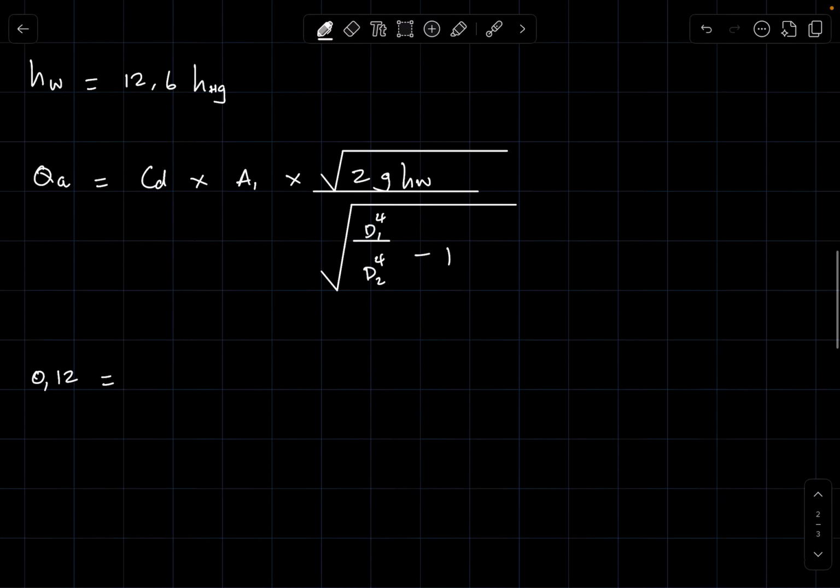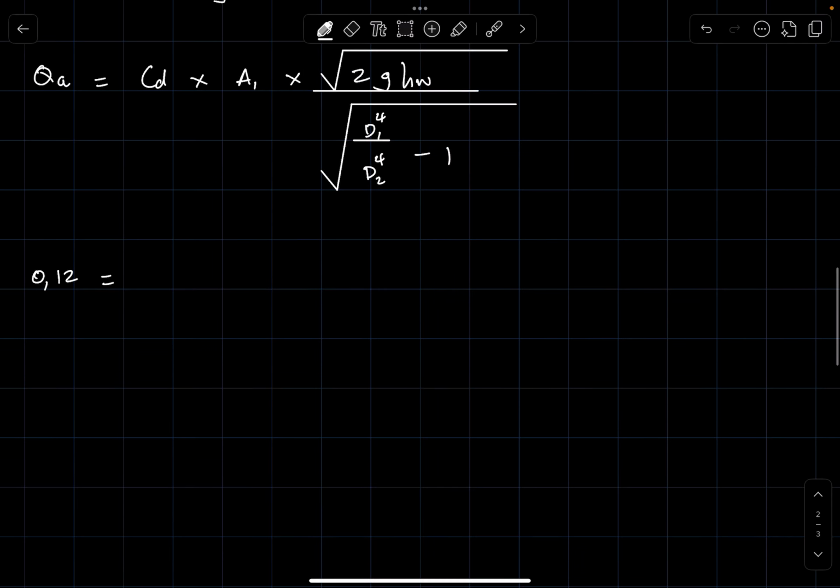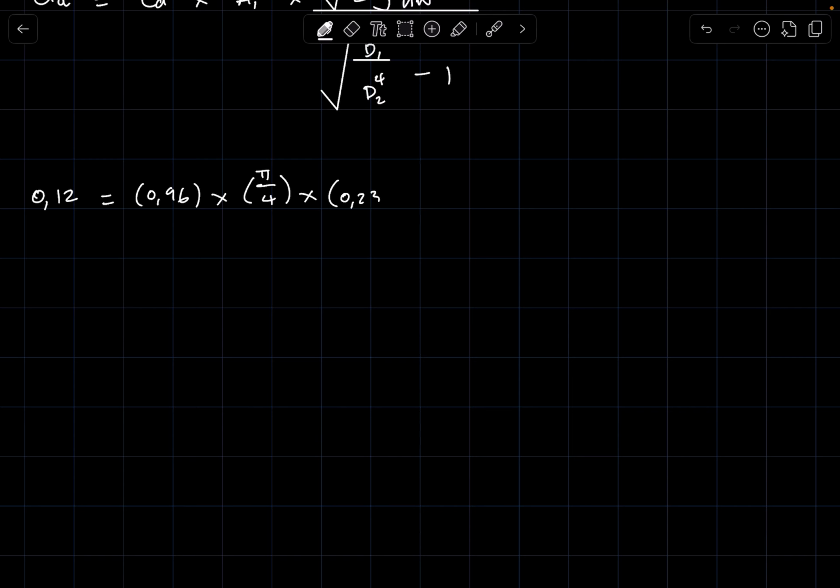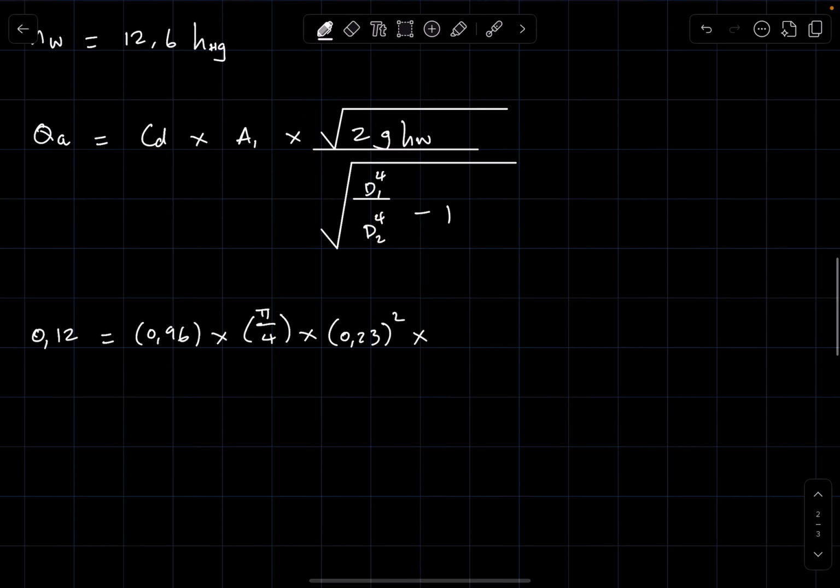CD is 0.96 times the area, which is pi over 4 times D1. Remember, this is area 1, so D1, which is 0.23, D1 squared, times this here.